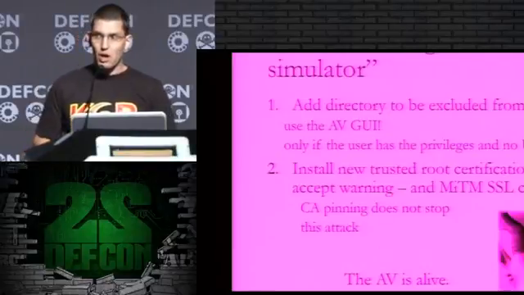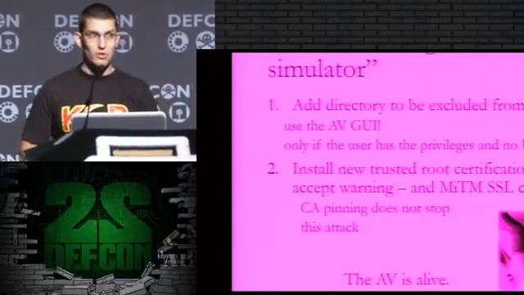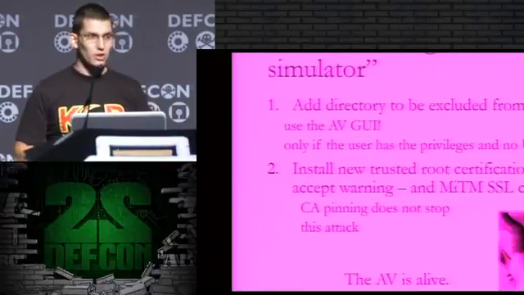Now, there are other use cases I was able to test with this user simulator. For example, I can instruct the antivirus GUI to add a directory to exclusion from the scans.